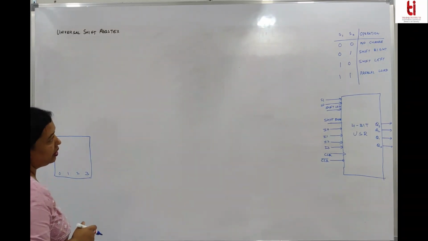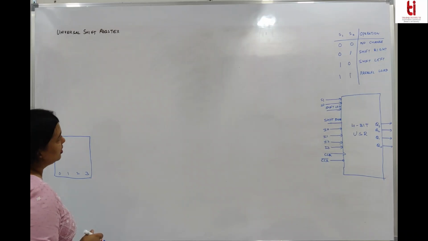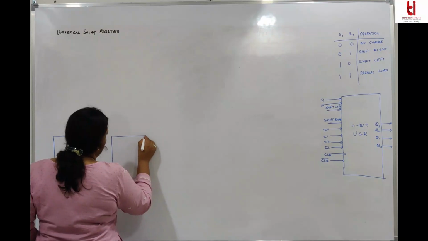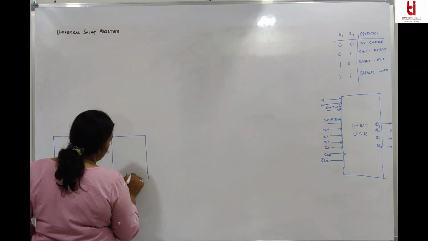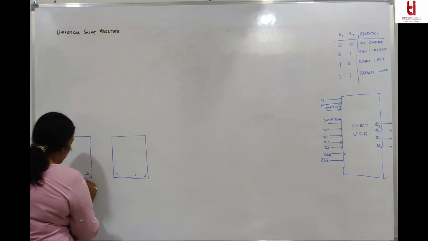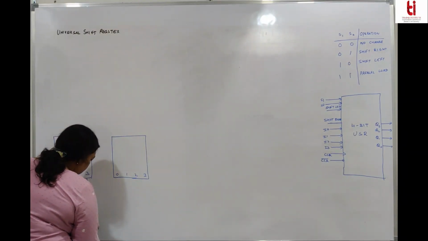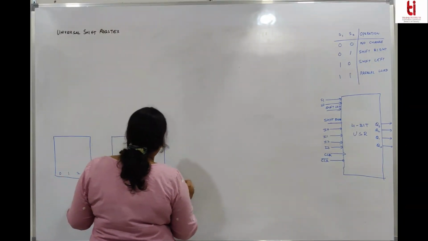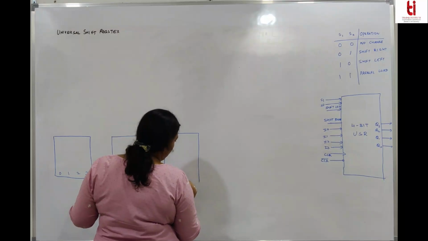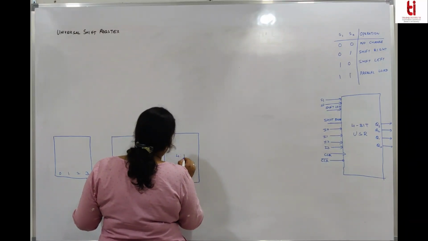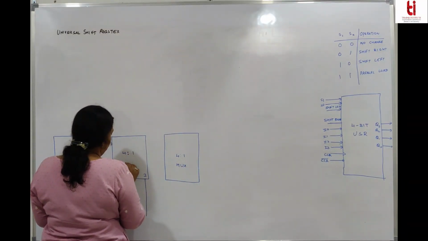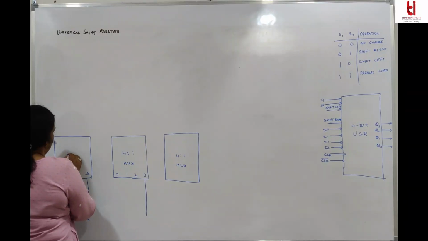On I3, when it is 1, 1, it is actually loading the data in parallel. So here you can load the data in parallel.